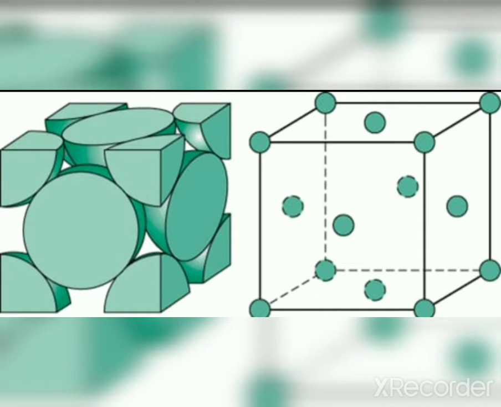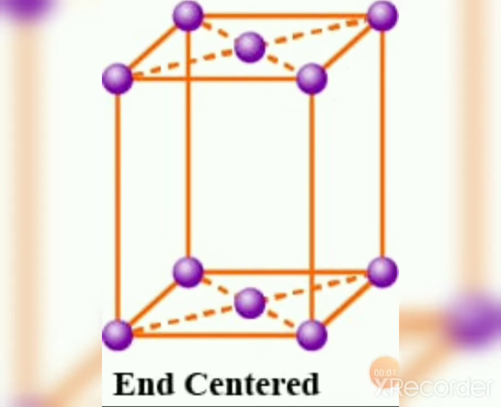Where do you find the particles? The particles are present at the corners as well as at the center of each face. End-centered unit cell. In this case, where do you find the constituent particles? The particles are present at the corners as well as at the center of any two opposite faces.